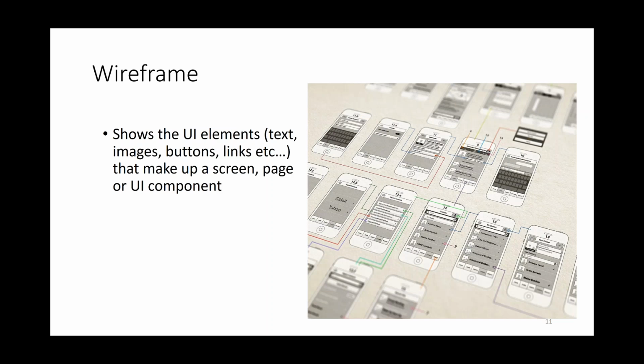Wireframe diagrams we talked about as part of the prototype. Basically, it shows the different UI elements, like text, images, buttons, and how they link on the screen. It doesn't have to be the actual final solution. It's just a wireframe to show how the system will look or interact from one place to another, or one screen to another screen.